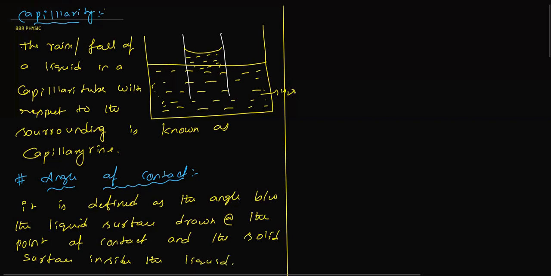Let me choose another color here. So this is a liquid drop, the liquid shape. Here you have to take one tangent, and this is the solid surface. Here you are able to see this liquid.